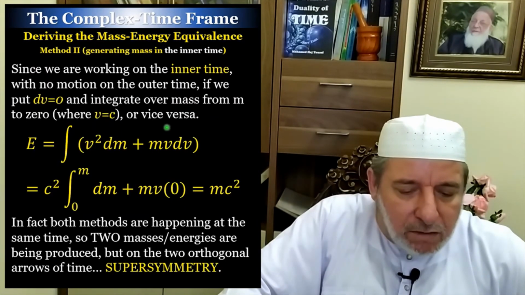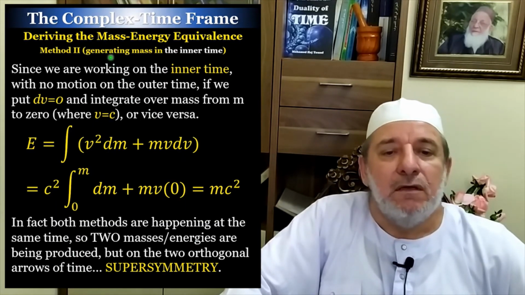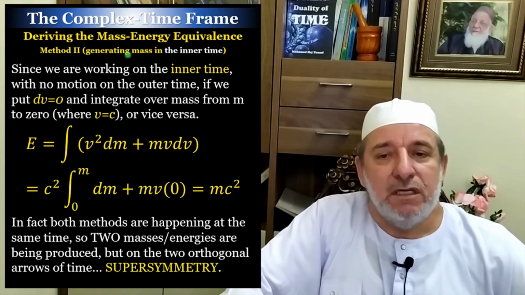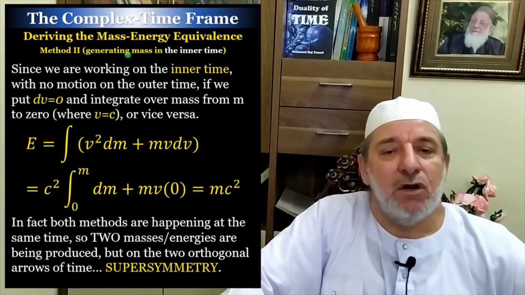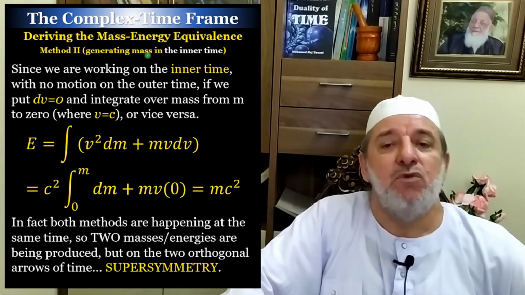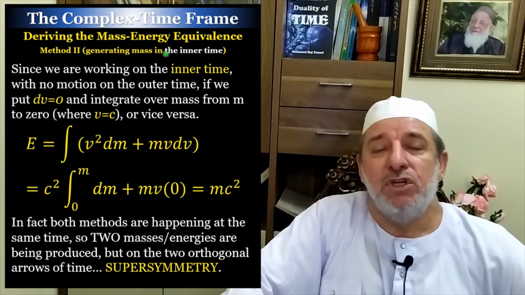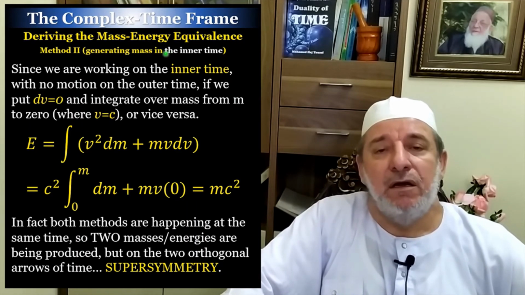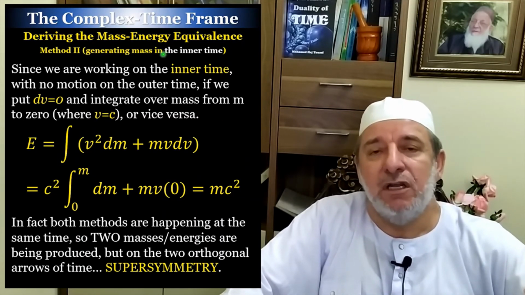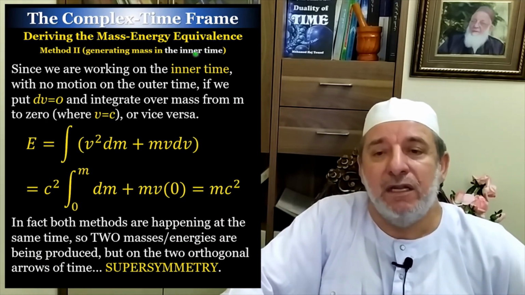So now this is the opposite side. If we suppose that the outside velocity is 0, and therefore the monads are going from 0 mass, from bosons to fermions, then we are generating mass. As we said, we generate mass by the monad moving from vacuum, from void to vacuum sequentially, without going through the outside time, and therefore we are integrating only on the inner time.